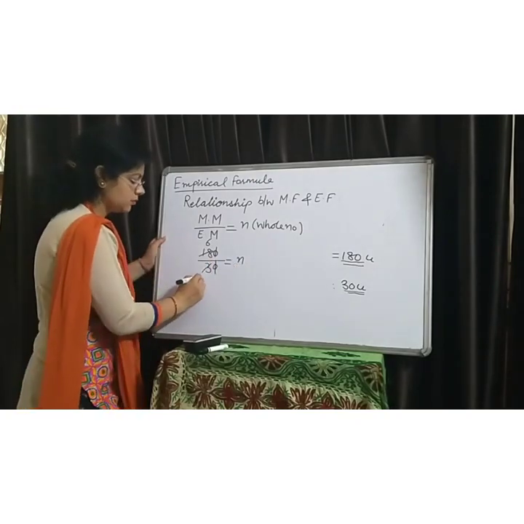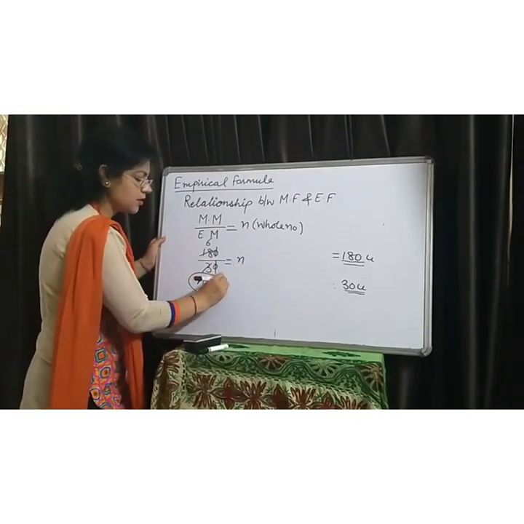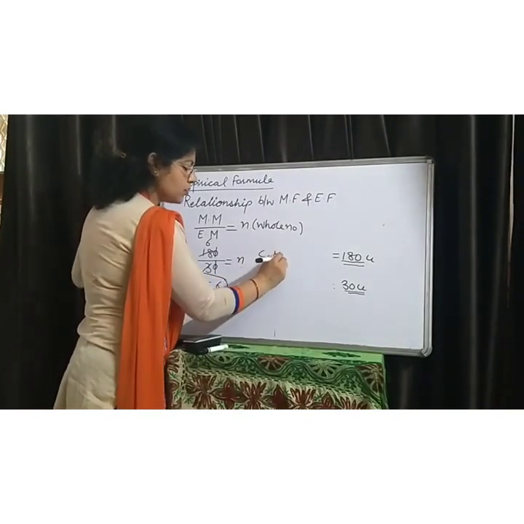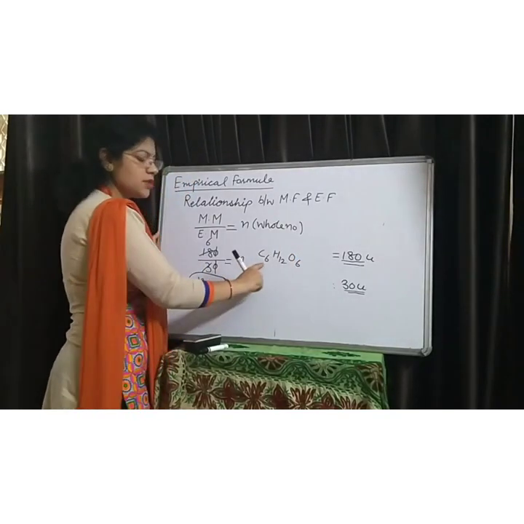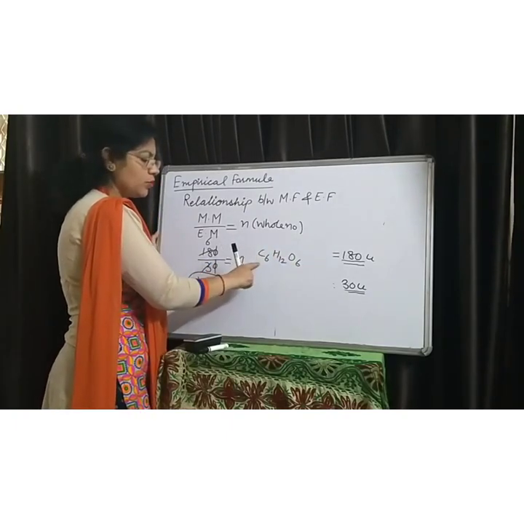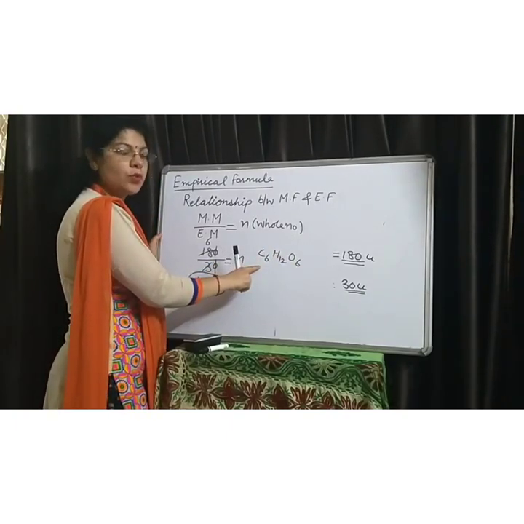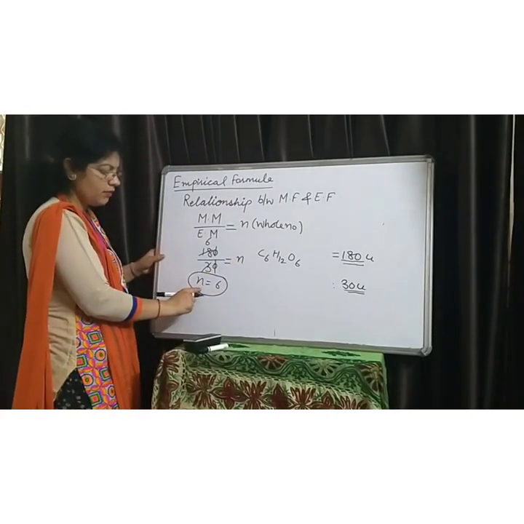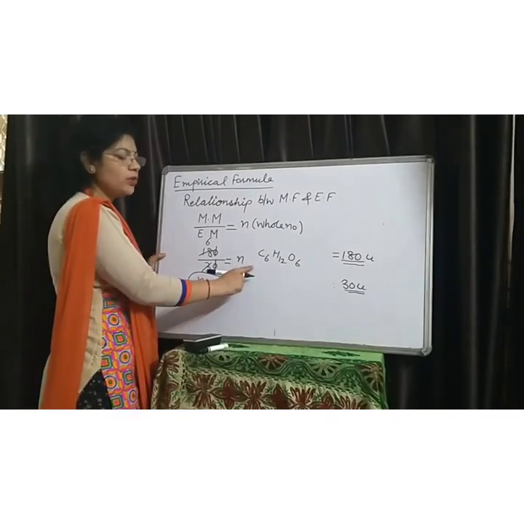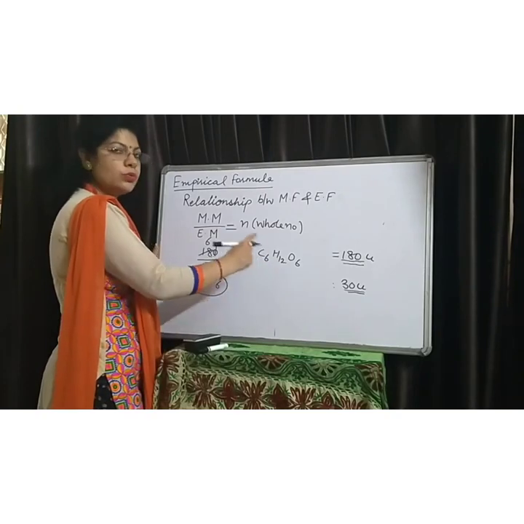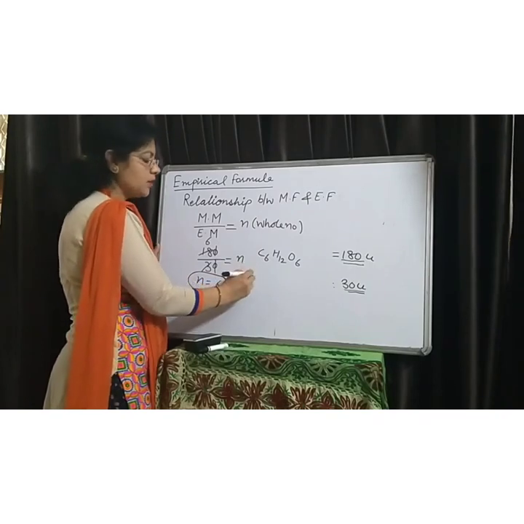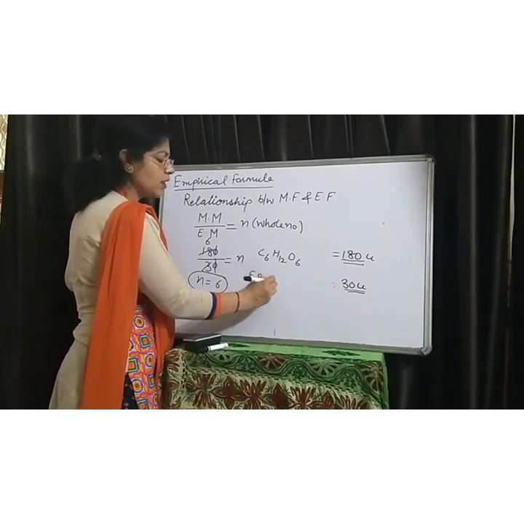Here n is 6, which means 6 is the common factor by which we divide the molecular formula to get the empirical formula of the compound.